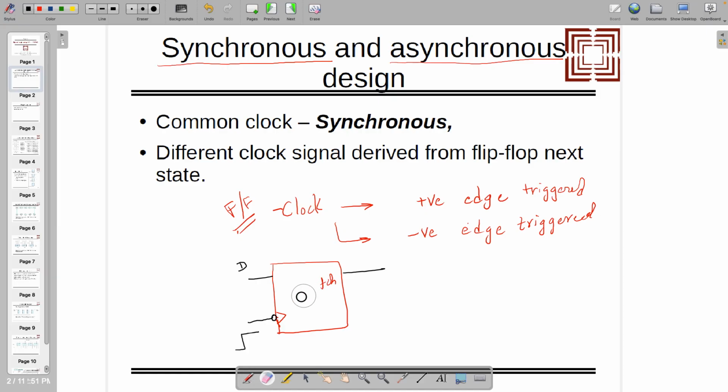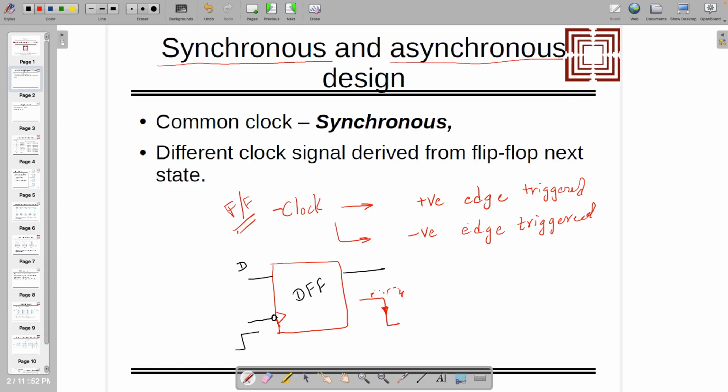But in the case of a D flip-flop, if this is the case, then it will become negative edge triggered, meaning it will give the answer only at the negative edge, right? It will capture that with consideration of setup time and hold time.